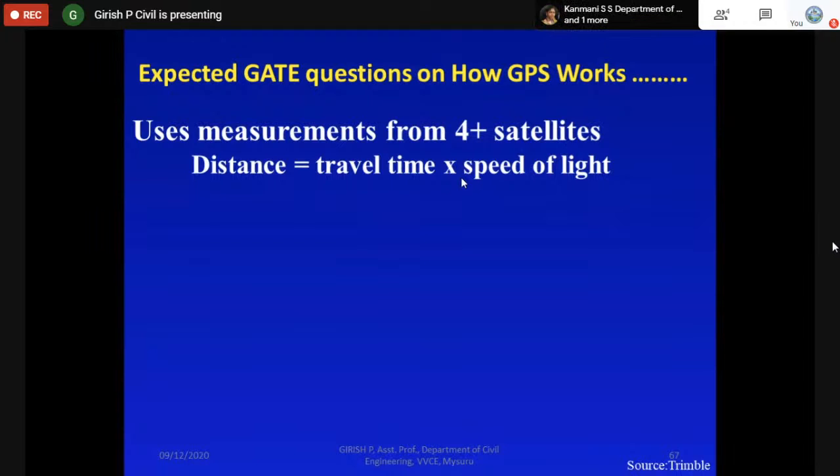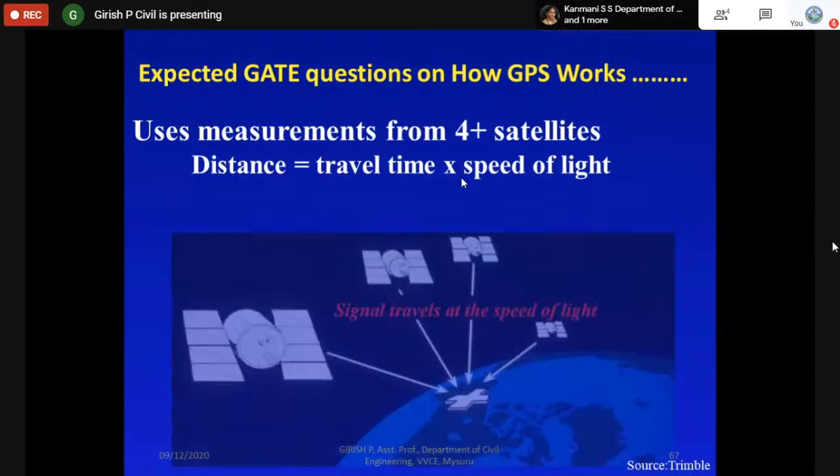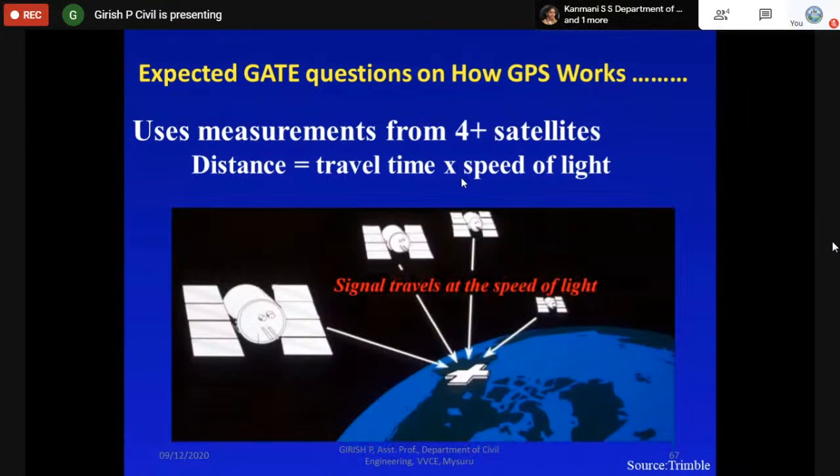So in that 24 constellation, if there are 4+1 satellites, the GPS works in a satisfactory condition. The measurement uses the factor distance equals time of travel into speed of light. This is the way the 4+1 satellites work, and with those calculations, the GPS works. On this particular 4+ satellites, there will be one question at some time in the GATE examination.